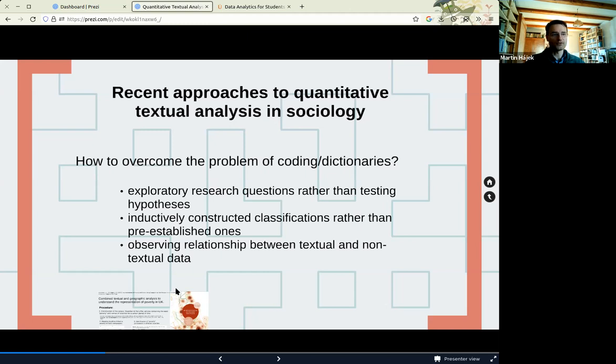So now there is an inclination to do rather exploratory research, where you don't ask questions about testing hypotheses, and you ask what the difference is between these two newspapers in terms of reference to vaccination, and you don't expect any relationship.